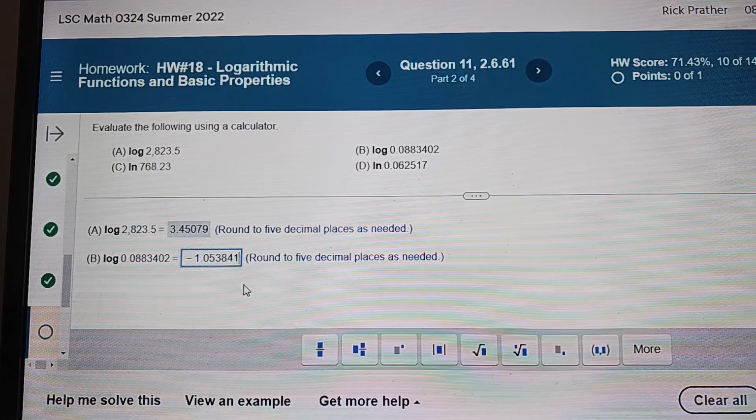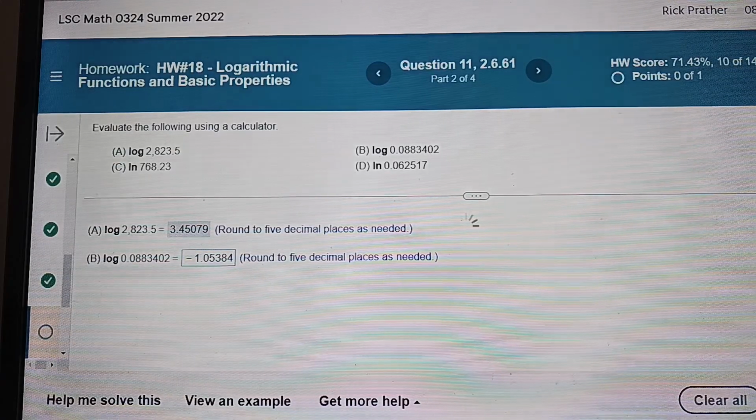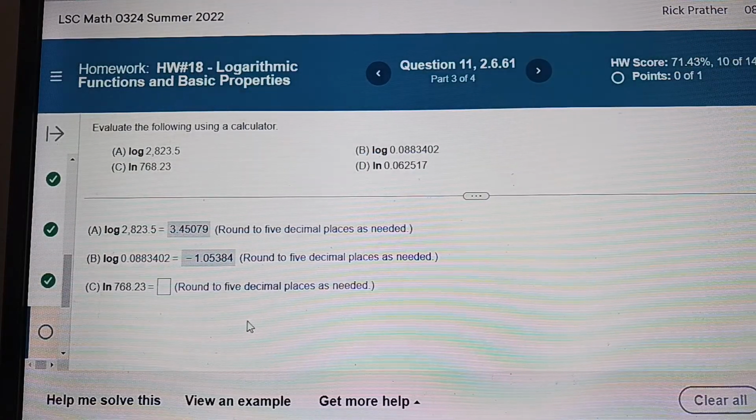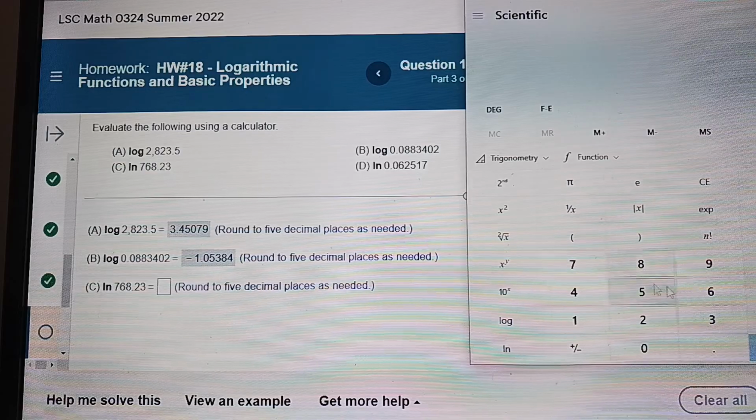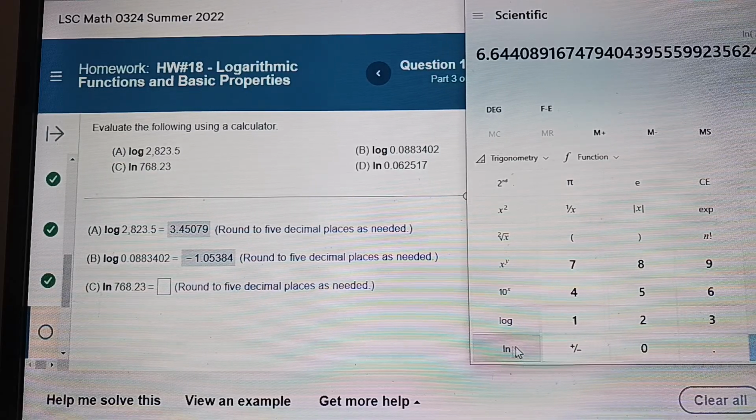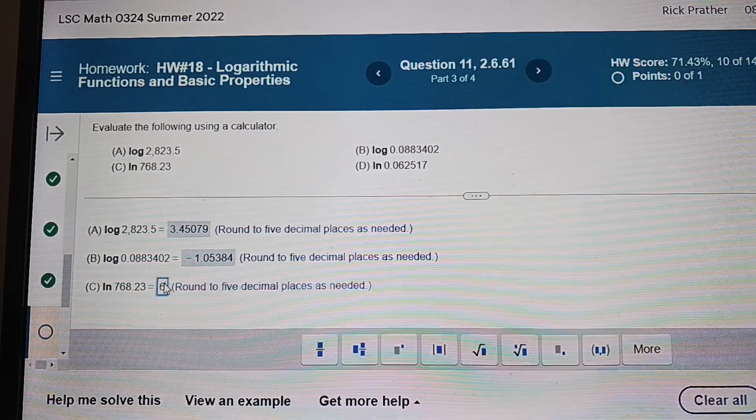This time the 6th number is not 5 or higher, so then I don't have to add 1 to the 4, just leave it like that. Ln, okay, so now type in 768.23, hit ln, 5 decimals, 6.644.